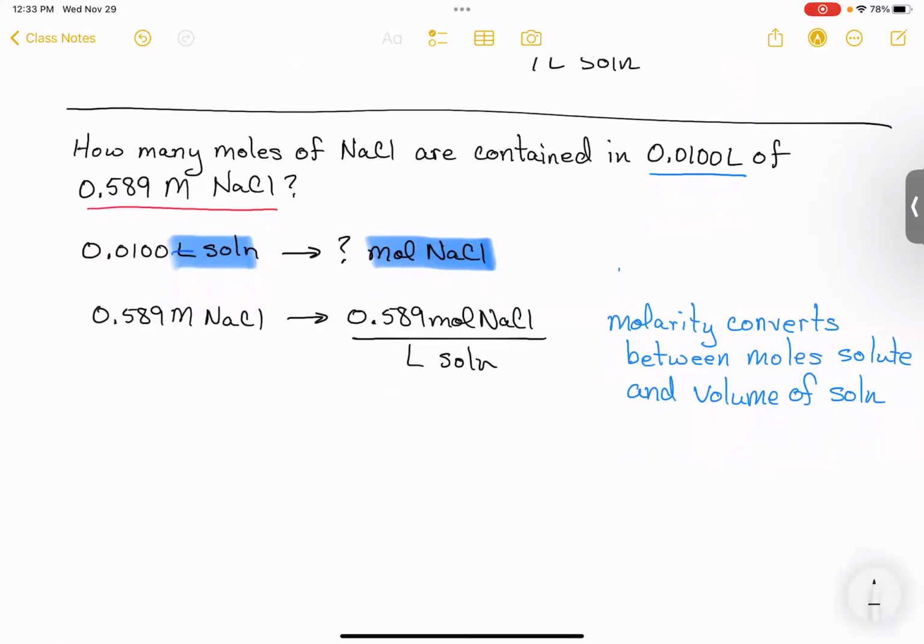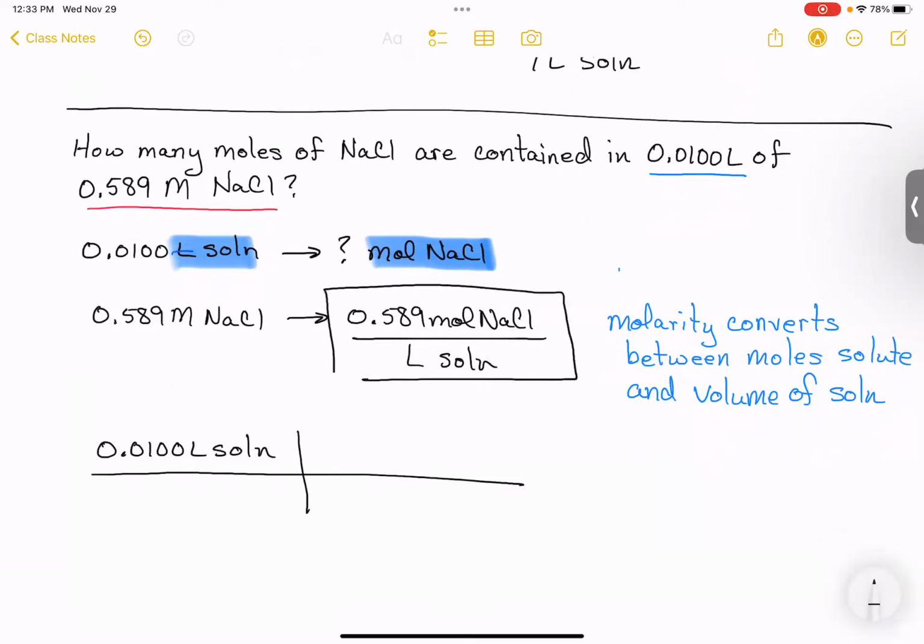So with this, we're going to start with what we were given, which is 0.0100 liters of solution, and we are going to use the molarity. I want to get rid of liters of solution. So from this molarity, the liters of solution will go into the denominator, with the moles in the numerator.